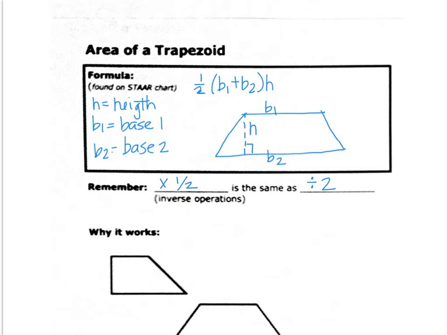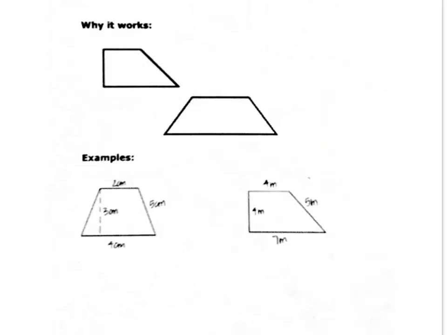All right, let's talk about why it works. So here I have two trapezoids. If I were to copy and paste it, it would look something like this. So if I were to copy, paste it, and flip it, and I put it there, I would have a rectangle. The same thing as this one.